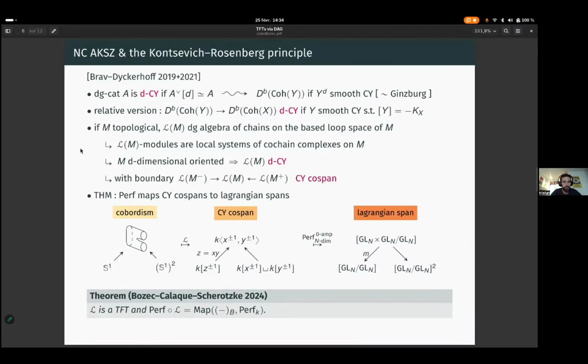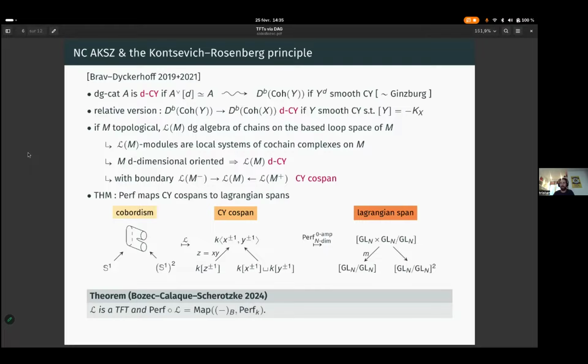Okay, but what matters most is what happens when we are dealing with just topological spaces. Brav and Dyckerhoff actually define the DG algebra of chains on the based loop space of M. The notation L comes from the fact that DG modules over these are local systems, that is, modules over cochain complexes of M. It turns out that if M is oriented, this DG algebra L of M is d-Calabi-Yau.